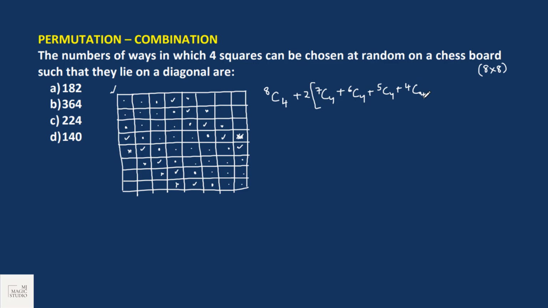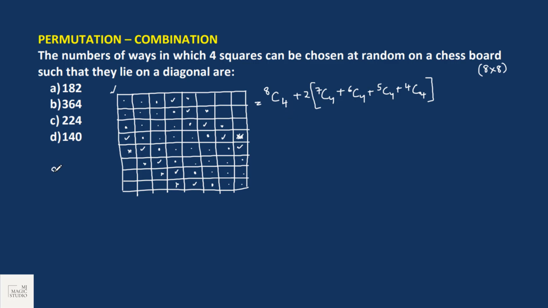And from here we can choose all 4 squares in 4C4 ways. Further, there would be no choosing, because whatever diagonals we have further, there we have only 3 maximum, or 2 or 1 squares. We can't choose 4. So these are the total number of ways in which 4 squares can be chosen, and all the 4 squares would be on the diagonal.